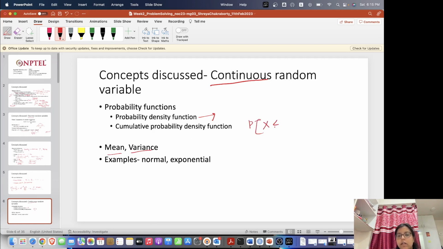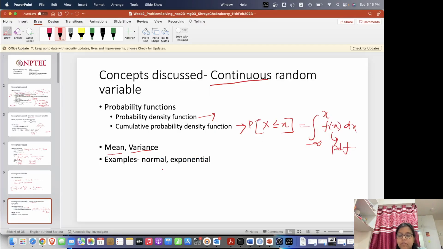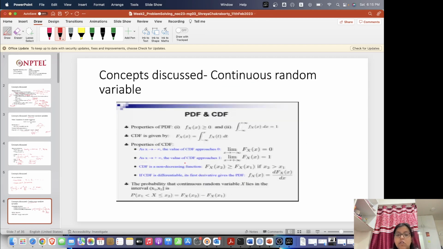Here this is the formula, and that is nothing but the integral from minus infinity to x of f(x) dx, where f(x) is the PDF. Okay, and similarly I'll show examples of how to calculate mean and variance, and examples of normal and exponential distributions were also provided.